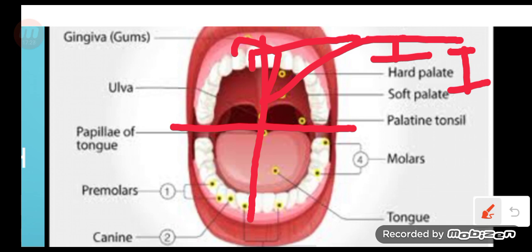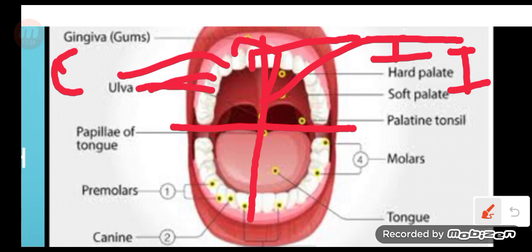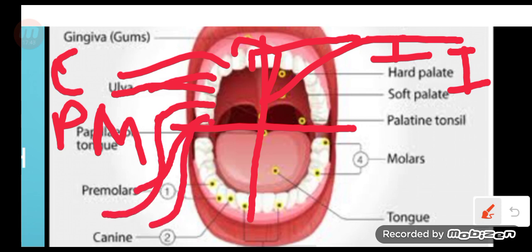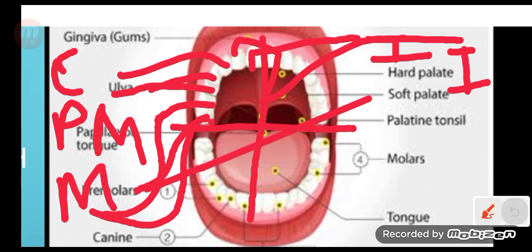Now the third one is a canine. Again you can see 2 premolars are present. And last you can see these 3 teeth. These are molars.